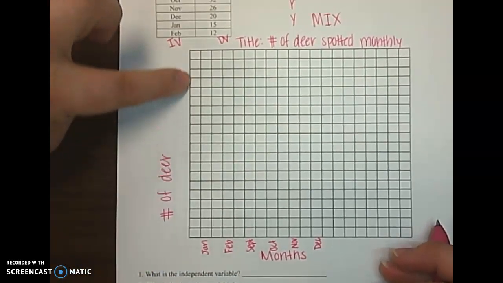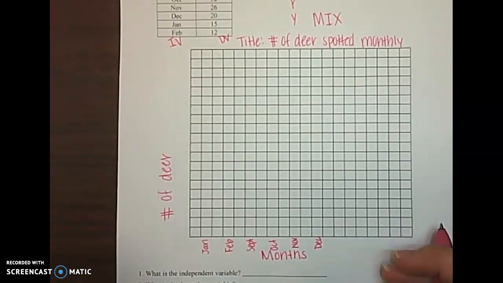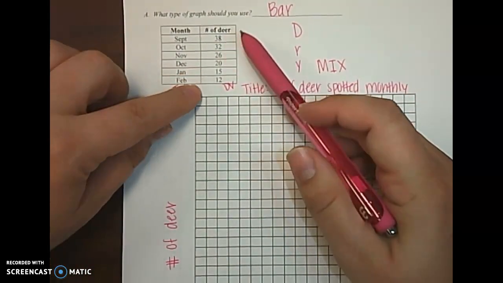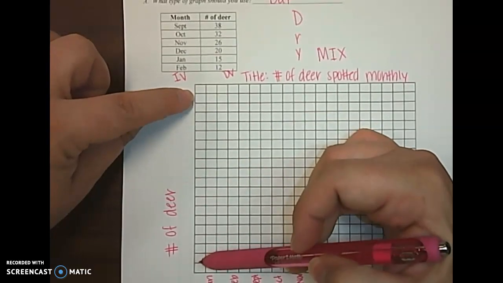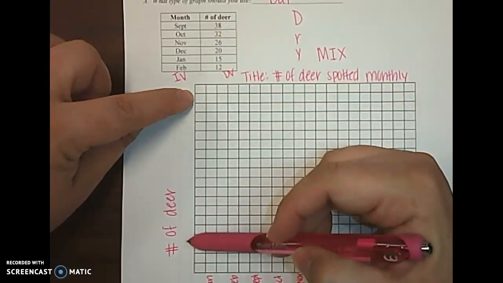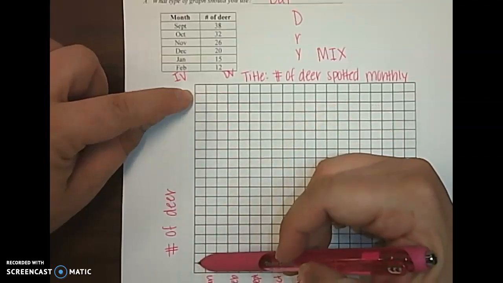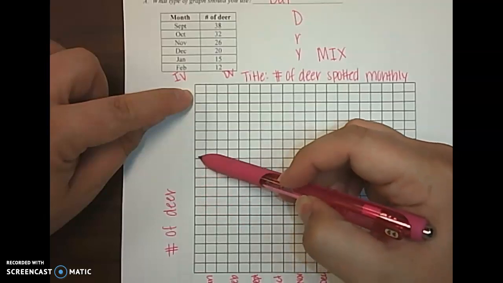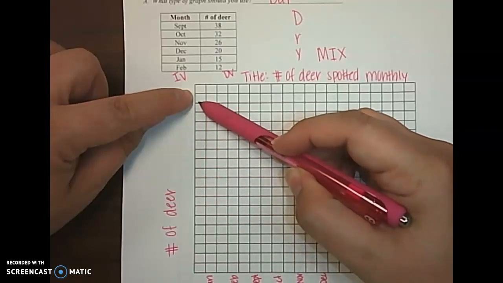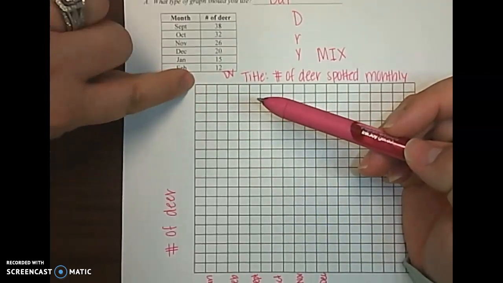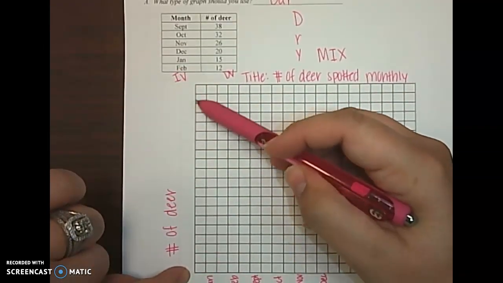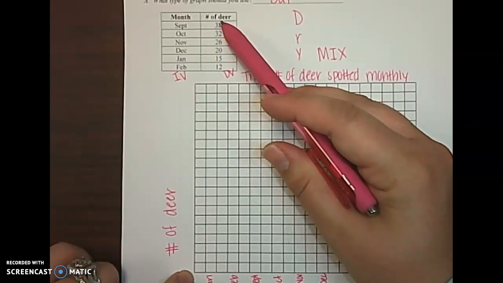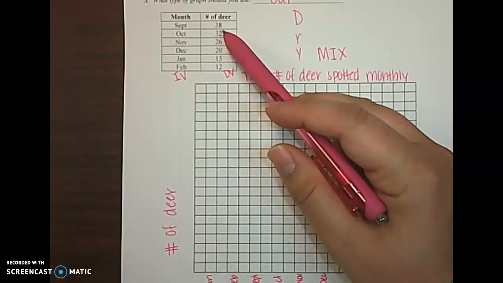Now we need to graph the number of deer. All right, so we need to determine what our scale is going to be. The highest number is 38. So let's see how many bars we have to see if that 38 is easily divided into even numbers. I've got 20 bars all the way from the bottom to the top. 20 does not divide easily into 38, but 40 does.